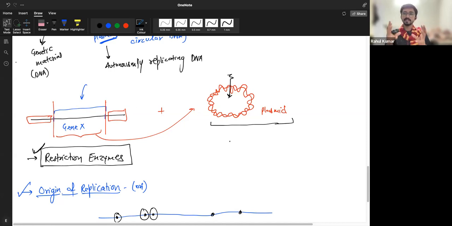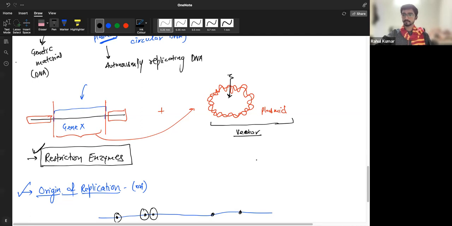To put as a vessel, as a bag, right? To put our gene of interest in that and then send it to the host organism, which in this case will be a bacteria, let's say. So it is acting as a vector for us in which we are delivering the gene X of our interest. Clear? So we will often read the word plasmid vector.